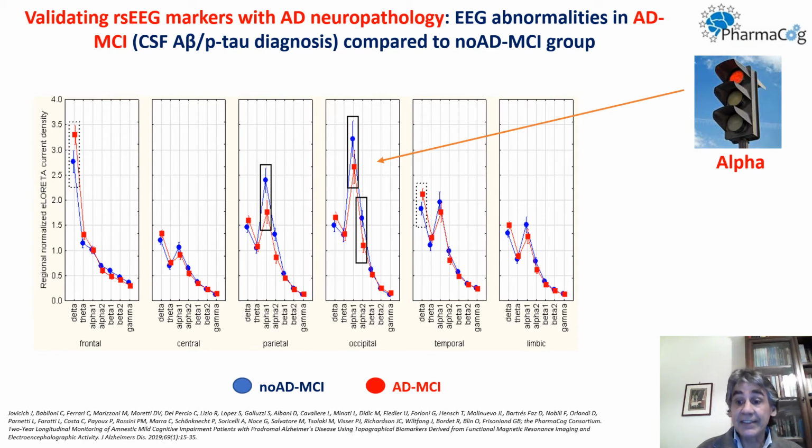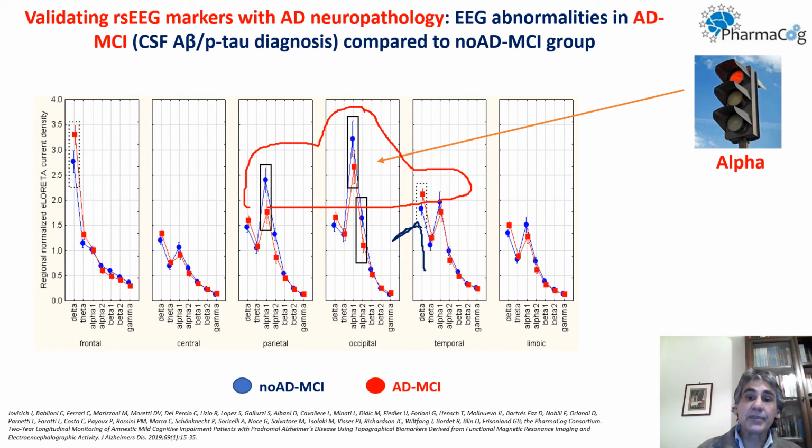You can see that even if the two groups show the same cognitive impairment, you have a difference in the source activity, especially in the alpha rhythm, in parietal, occipital, and temporal areas, with significant effects in the parietal and the occipital areas. Another effect can be seen in the delta source activity in the temporal areas.